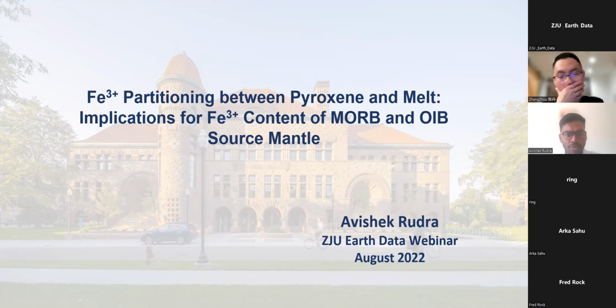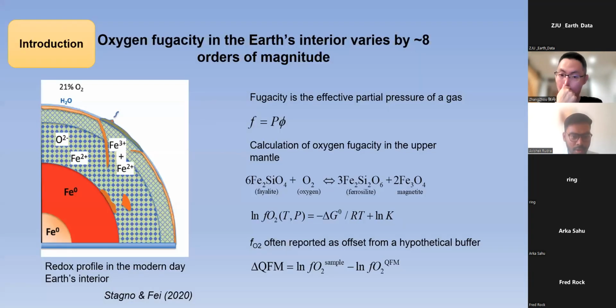Just to give you a brief introduction of what oxygen fugacity is: oxygen fugacity is the partial pressure of oxygen in a system. In the Earth's interior, you don't have free oxygen, so the way we measure oxygen fugacity is by writing out reactions which involve oxygen.